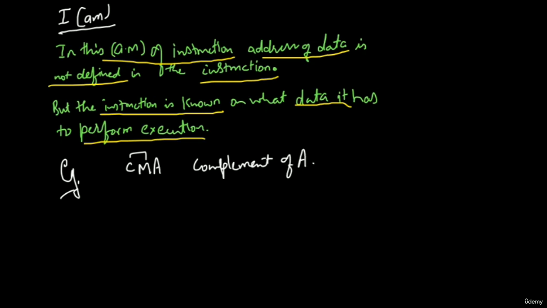Here the address data is not given in the instruction, right? So what is our option? When address data is not given, but the instruction is known, it has to be complement. But the instruction is known, right? So we know what instruction we are going to give.